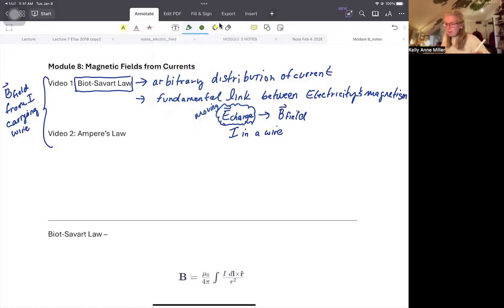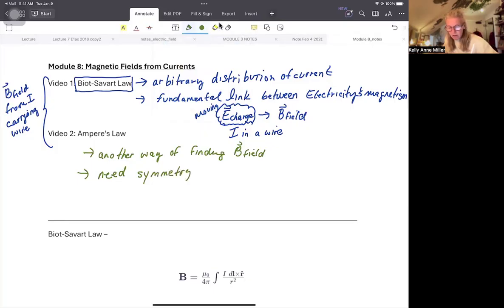So Ampere's law is another way, a simpler way of finding the B field. But to use it, you need symmetry in the wire.